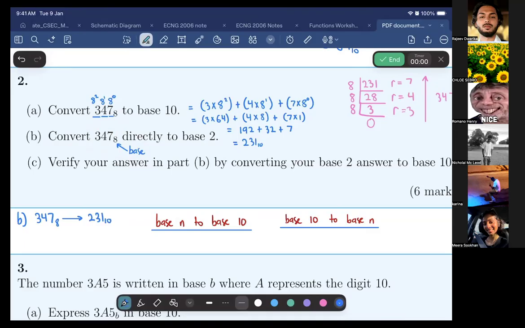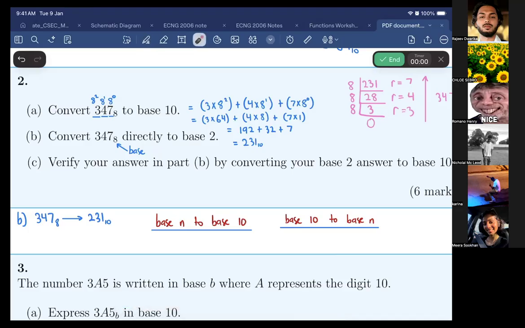Could I now convert that to base 2? Yes. Okay, so Chloe, what have we learned so far in class? I showed you guys how to go from a base to base 10, and I showed you all how to go from base 10 to another base. But Chloe, if you notice in this question, they want us to go from base 8 to base 2.